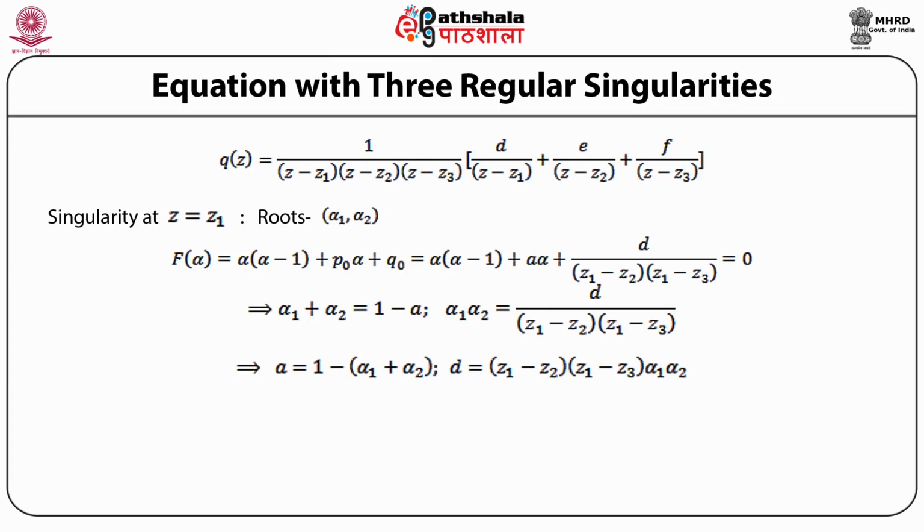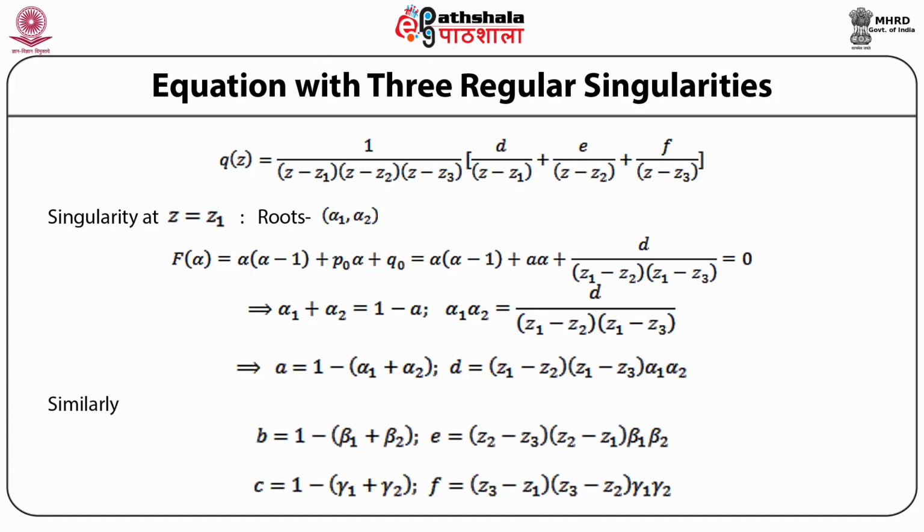Thus, a is equal to 1 minus, within the brackets, alpha 1 plus alpha 2, d is equal to (z1 - z2)(z1 - z3) alpha 1 alpha 2.